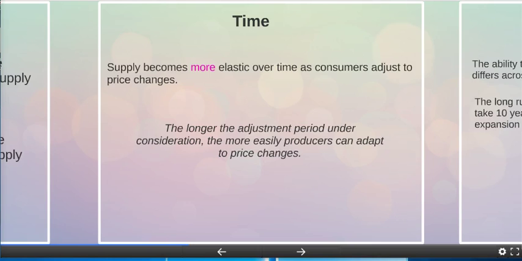So the longer the adjustment period under consideration, the more easily producers can adapt to price changes. For example, a higher oil price prompts suppliers to pump more from existing wells in the short run. However, in the long run, suppliers are going to explore for more oil.